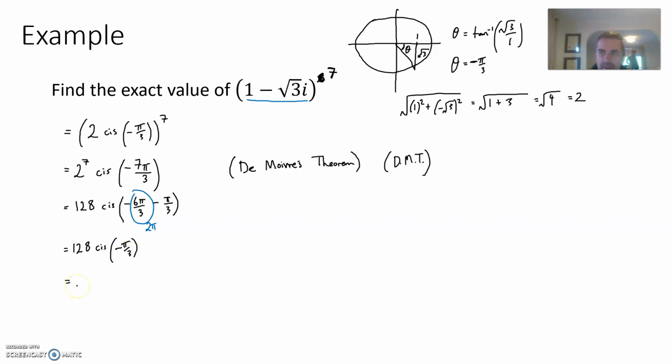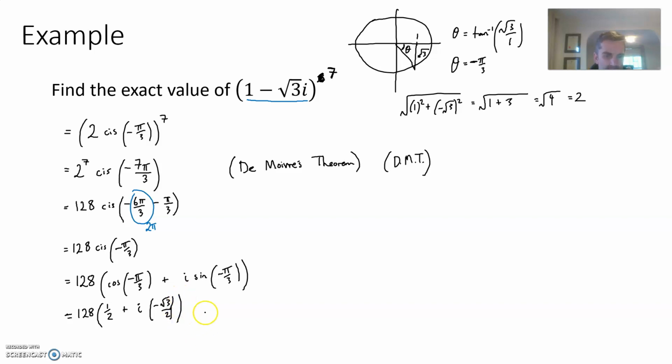And if we want to go to an exact value and fully expand that, then we can do 128 times the cos of negative pi over 3 plus i times sine of negative pi over 3. The cosine of negative pi over 3 is a half, and the sine is negative root 3 over 2.